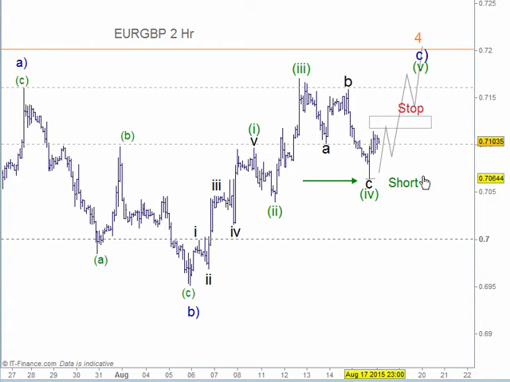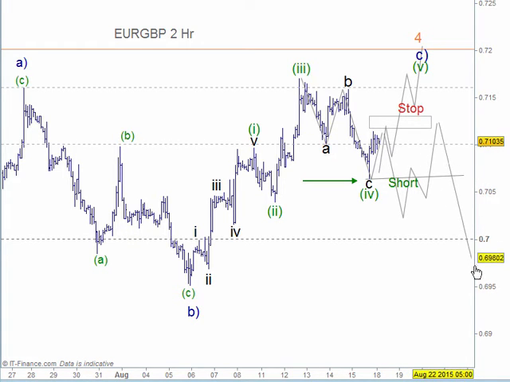But if it takes this low out here, then we would have to look at this as being wave 1 and 2 here, and 3 here, and 4 here, and 5 here. Then there'll be an A and a B and a C wave, and then down again from that point.